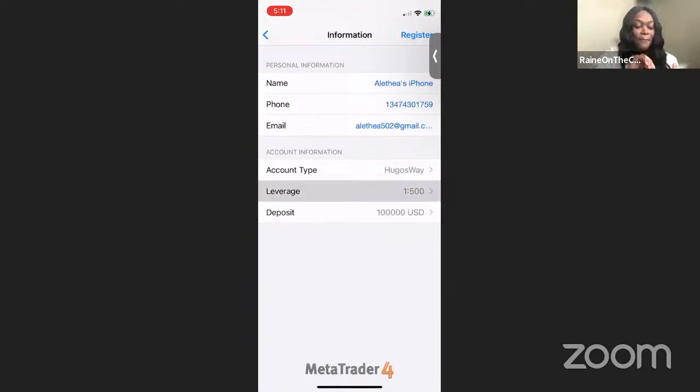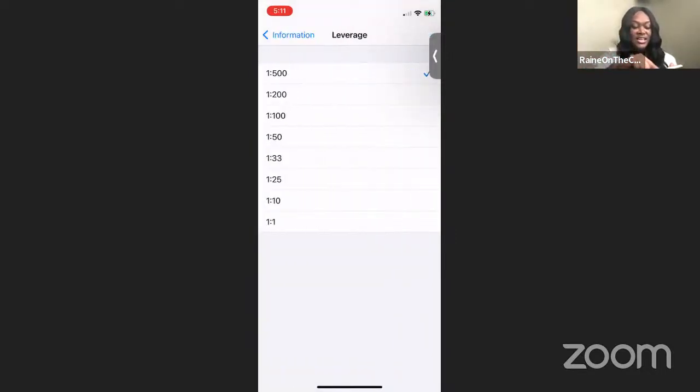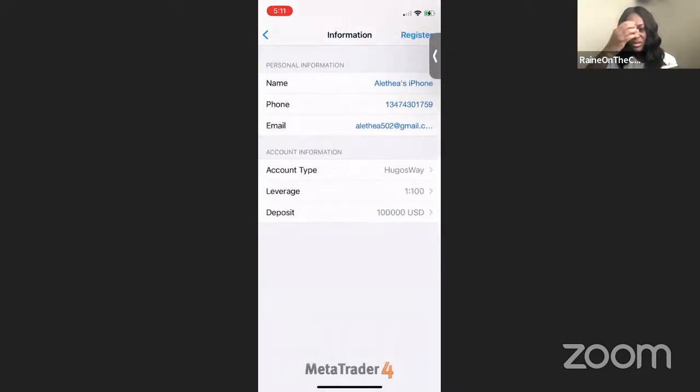No. My recommendation, guys, is 1 to 100. 1 to 100 leverage. So for every dollar, it's giving you like $100 in buying power. So if you have $100, what's 100 times 100? 10,000, right?